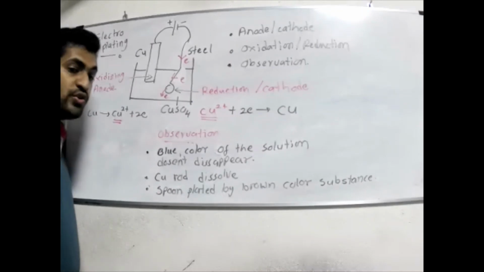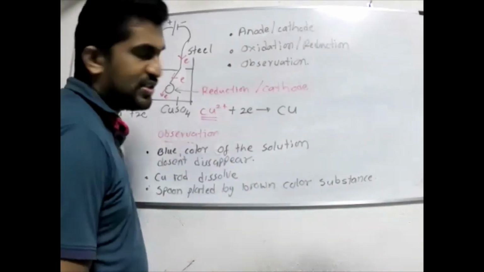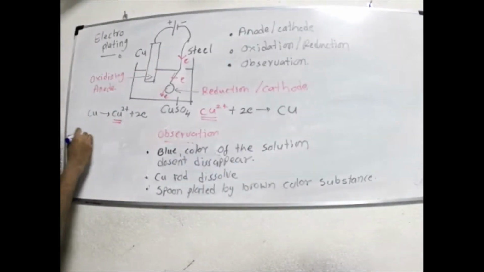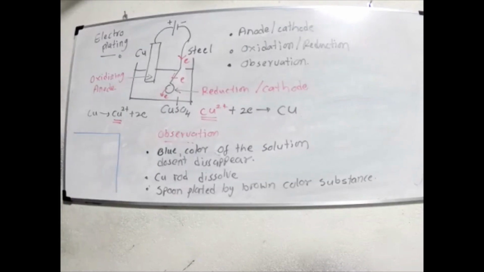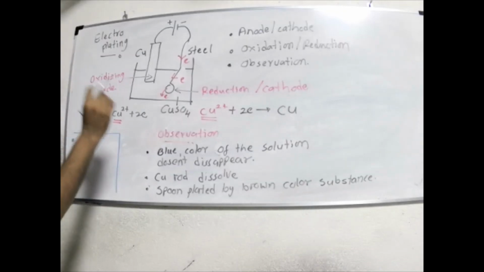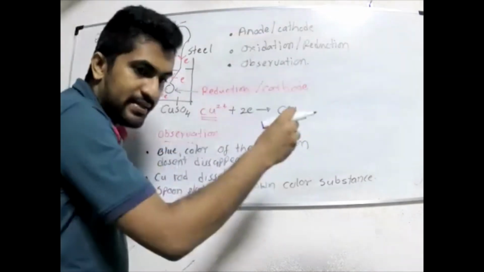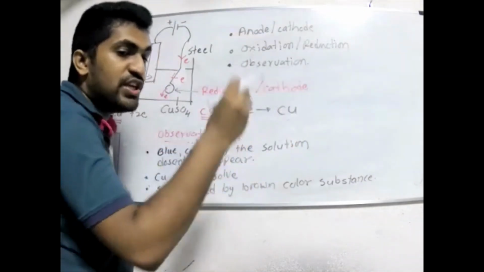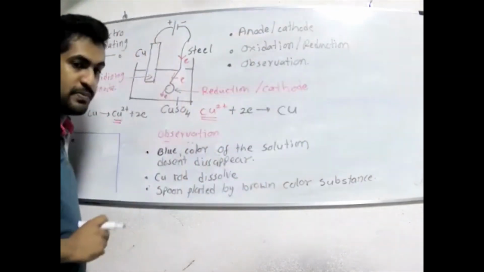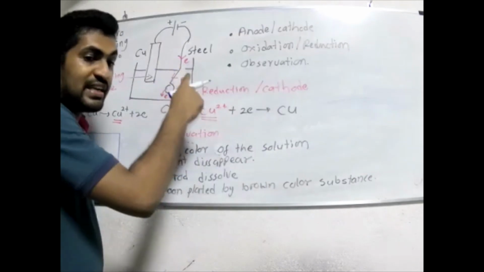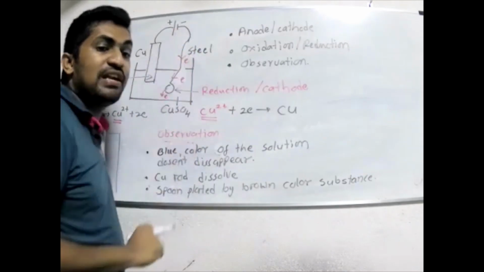So when you are going to the exam for MCQs, you have to remember those points. In electroplating, the one which we need to plate, that means here it is the spoon, is always connected to the negative terminal of the cell.